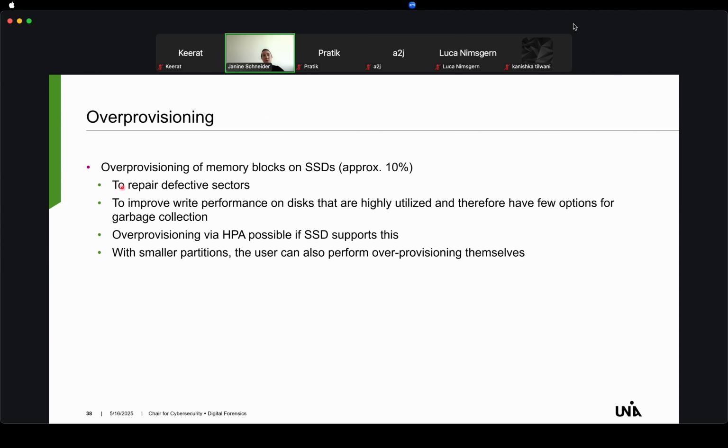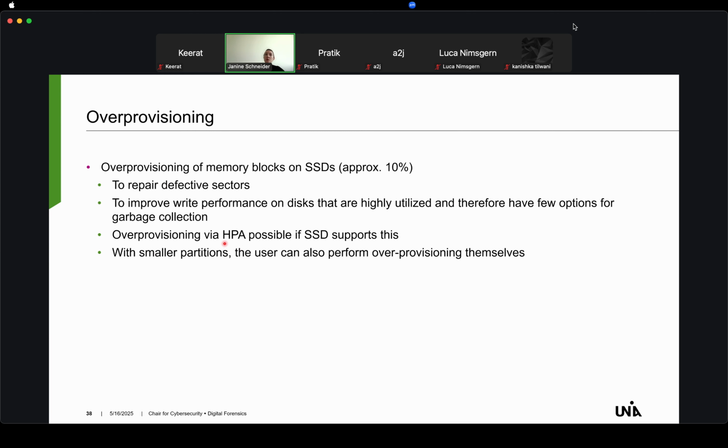It's there to repair bad sectors, to improve the write performance on disks that are highly utilized, and therefore have only a few options for garbage collection. Over provisioning is actually comparable to the HPA and DCO.